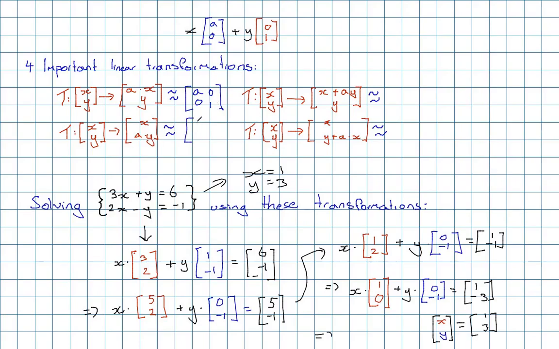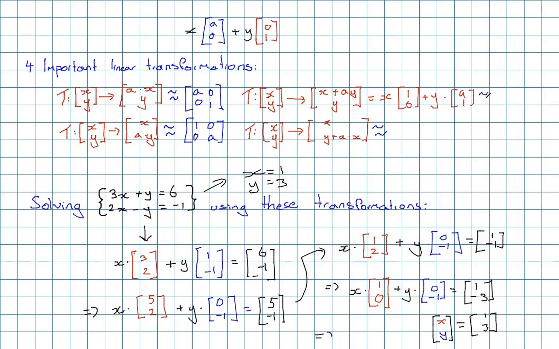Similarly, this matrix down here is going to be 1, 0, 0, a, just like that. Because here we've got x lots of (1, 0), or (1, 0) lots of x if you want, and a lots of (0, 1). So a lots of this vector here. Okay, this transformation here, you can see that that's actually just equal to x times (1, 0) plus y times (a, 1).